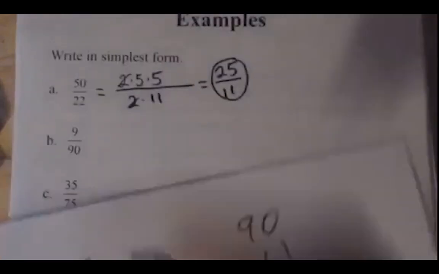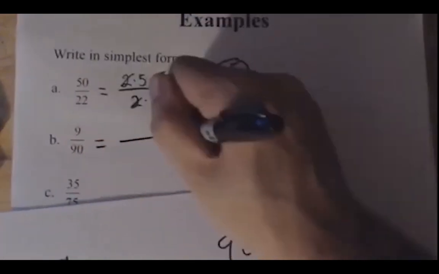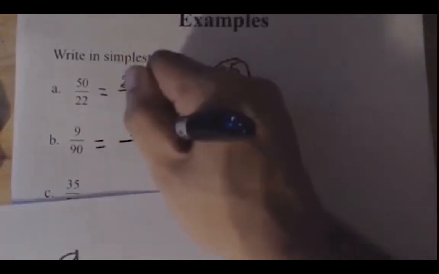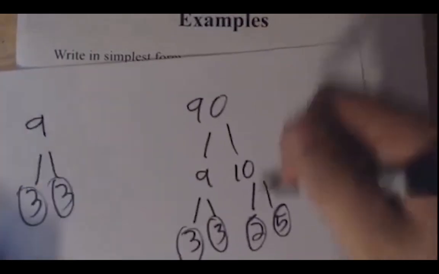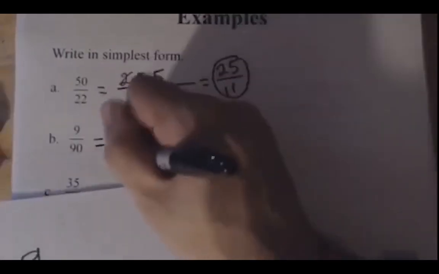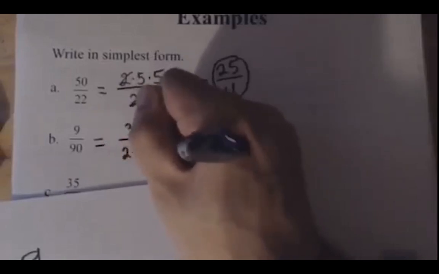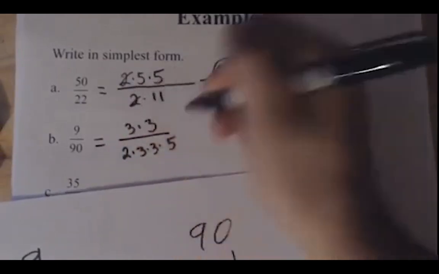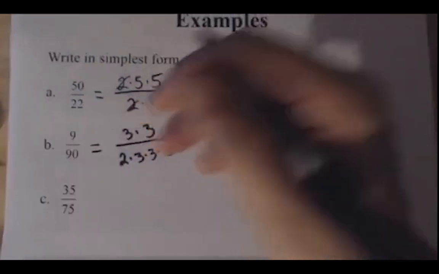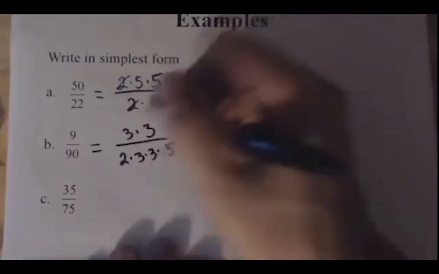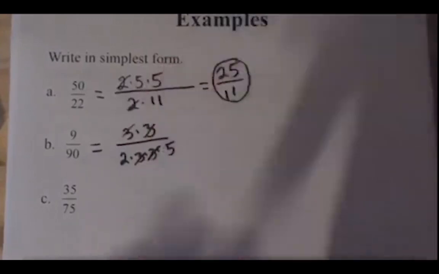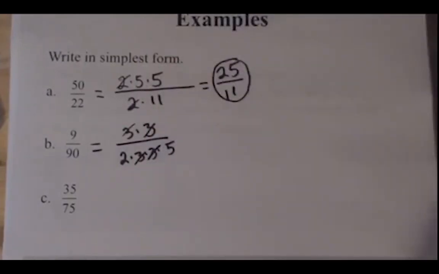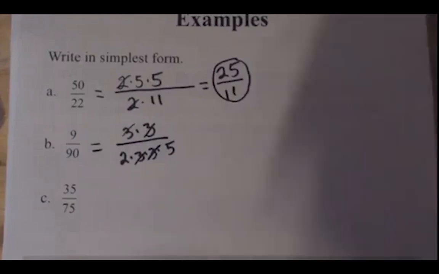So, rewriting this, 9 is 3 times 3. 90 is 2 times 3 times 3 times 5. The 3's cancel, both of them, because there's 2 on the top and 2 on the bottom.